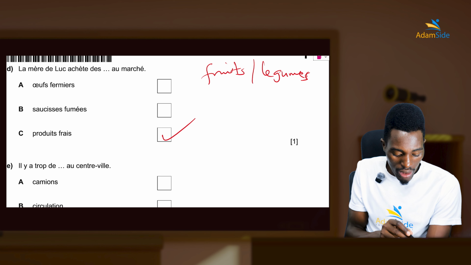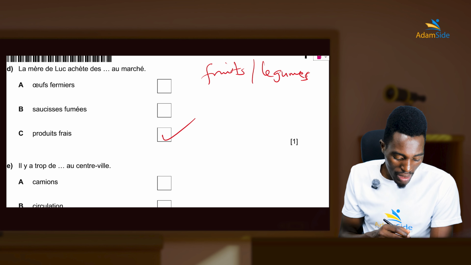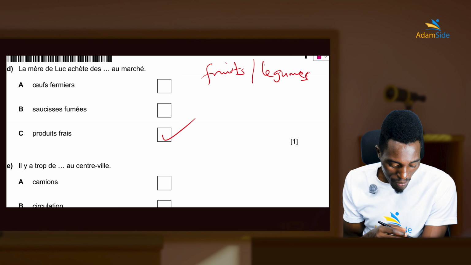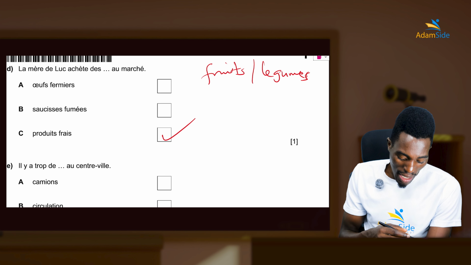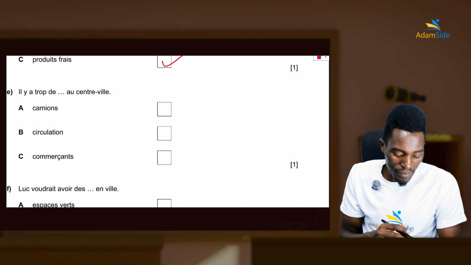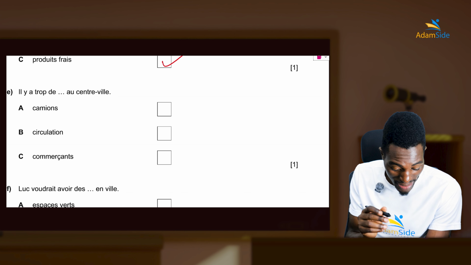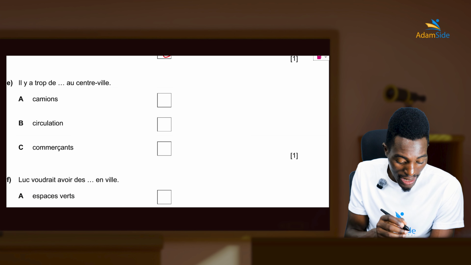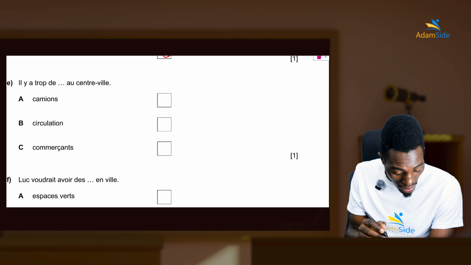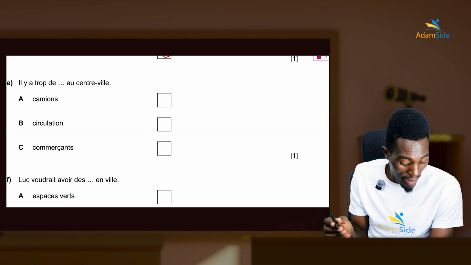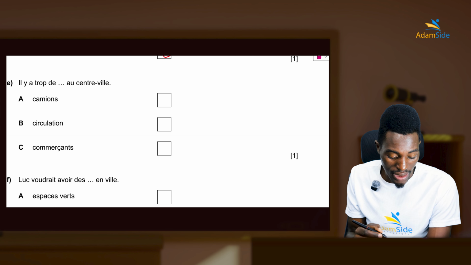So, il y a trop de au centre-ville. There is too much, dash, in the center of town. So we have to go in the text and find what is in the town. Either a camion or circulation, like traffic. Commerçant is a business.